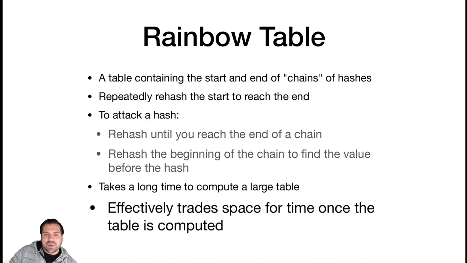So one attack that we could do is pre-compute every single hash that we can, just hash every possible combination of characters, and then put all those in a big lookup table that maps hashes to their inputs.